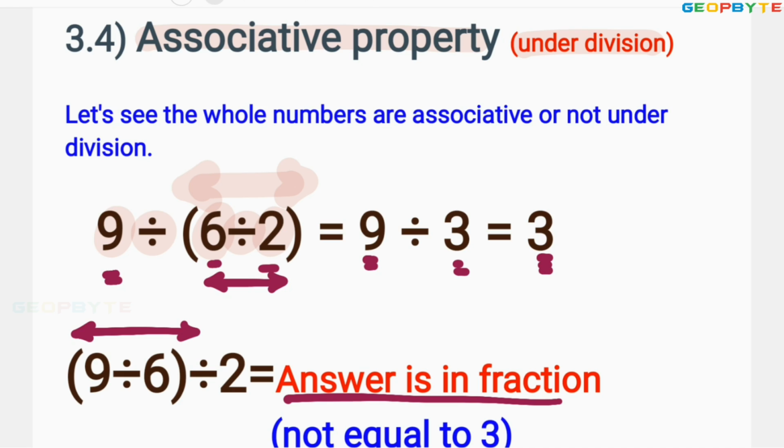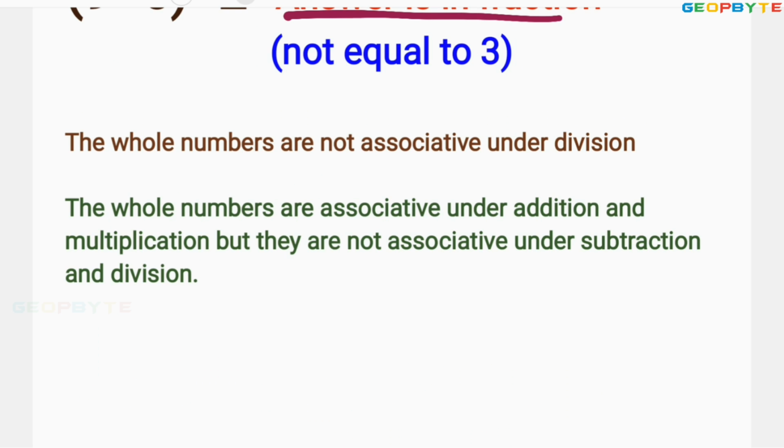Therefore, the whole number is not associative under division. The conclusion is the whole numbers are not associative under division. The whole numbers are associative under addition and multiplication, but they are not associative under subtraction and division.